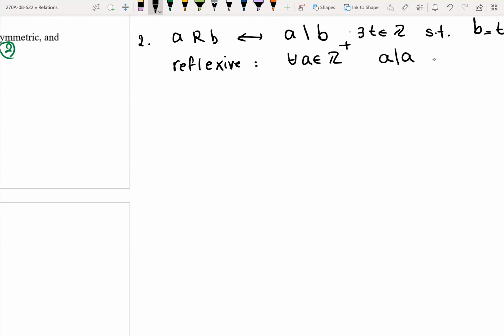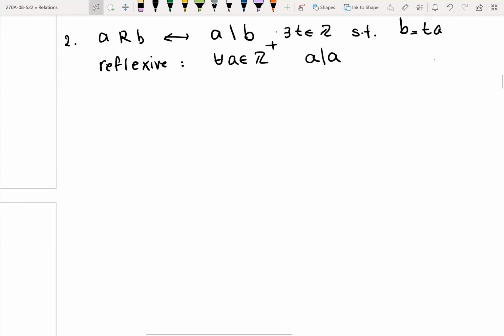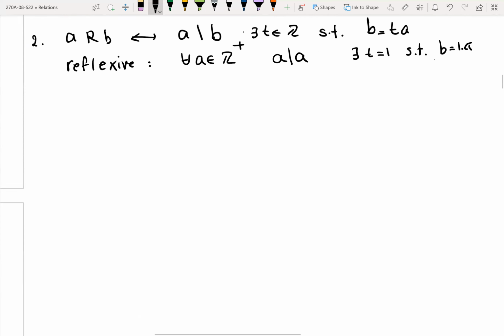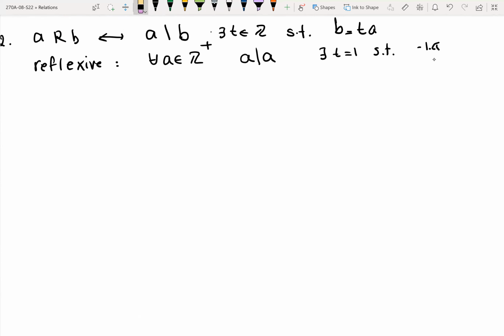Is it true? Because there exists T equals 1 such that A equals 1 times A, right? So it's reflexive.